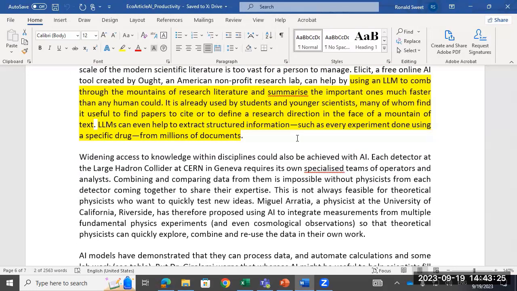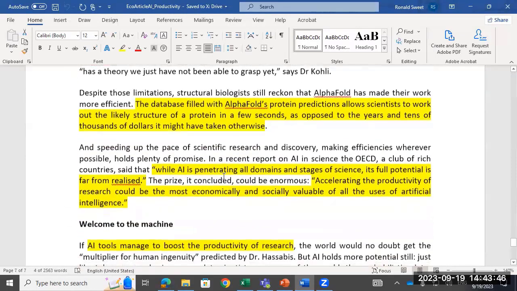Software coding is radically changing under AI. Going through mountains of research literature, it summarizes the important ones much faster than any human could. It is already used by students and younger scientists, who find it useful to find papers. It can even help extract structured information from millions of documents incredibly rapidly.